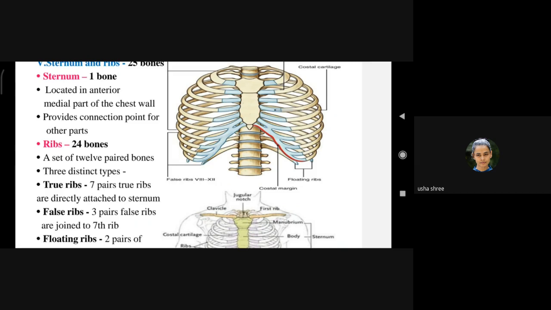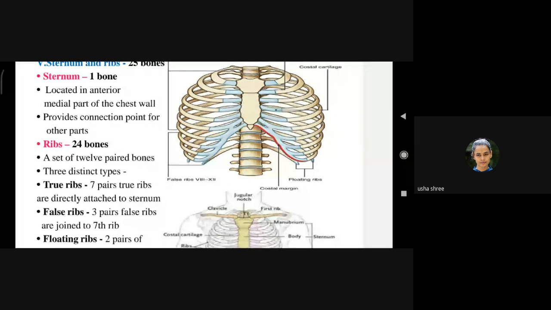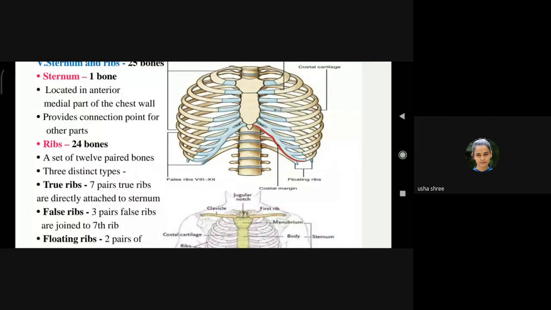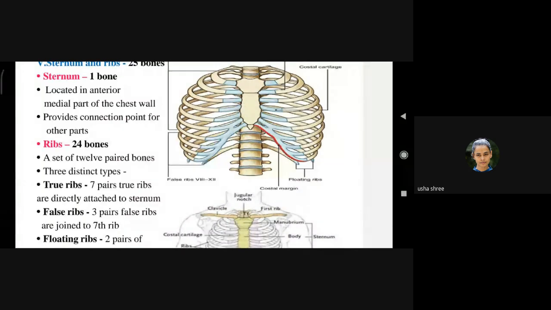So we will proceed. False ribs are 3 in pair and 2 pairs are floating ribs. What are floating ribs? Floating ribs generate from the vertebral column, but they do not connect to any other part of the body. They just float.